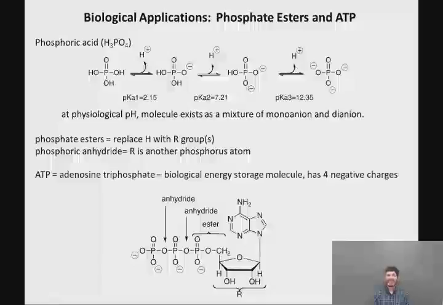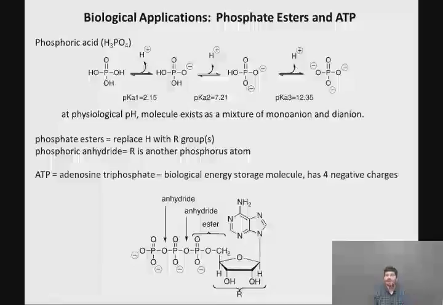The adenine is linked to the sugar ribose, which is a 5-carbon sugar, which exists in its cyclic form. And so the cyclic form has a 5-membered ring with 4 carbons and an oxygen in the ring. And then the 5th carbon is sticking up out of the left-hand side of the ring, and that is bound to an oxygen, which is bound to a phosphorus.